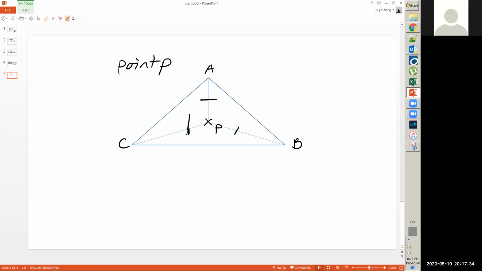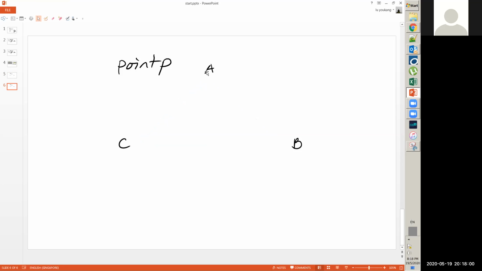There are many ways to do this question, but let's try one. You cannot estimate. So what you need to do is, let's talk about these two concepts first.